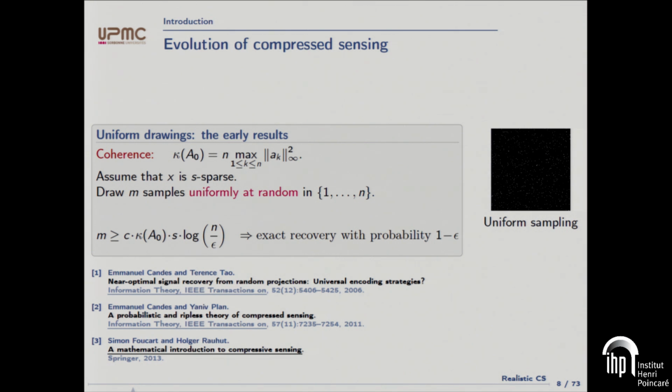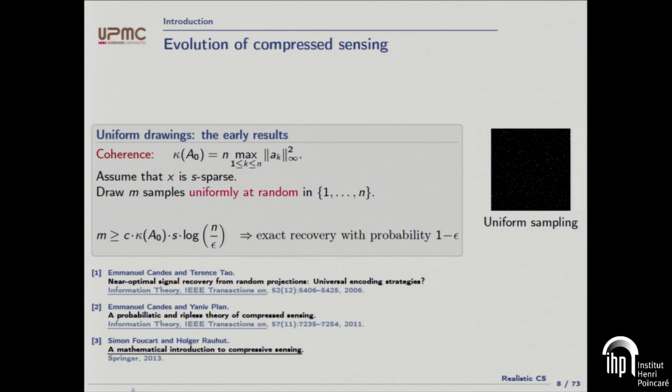So n, the dimension, times the maximum of the squared L infinity norm of each row of my full sampling matrix A0, so Fourier times wavelet in the case of MRI. Okay, so you may know that this is actually capturing the ability of A0 to spread out the information. Why?